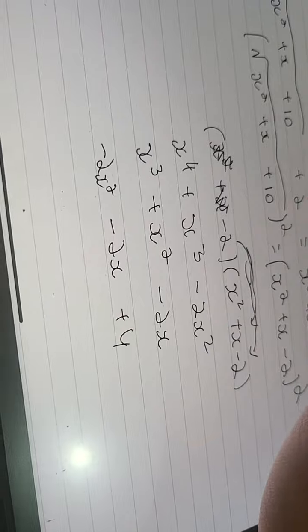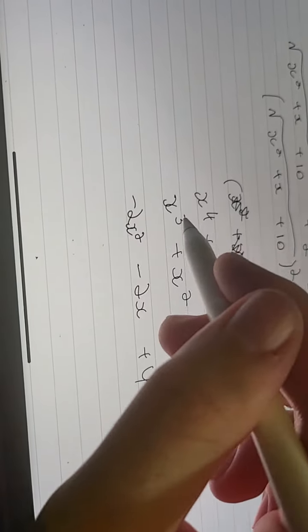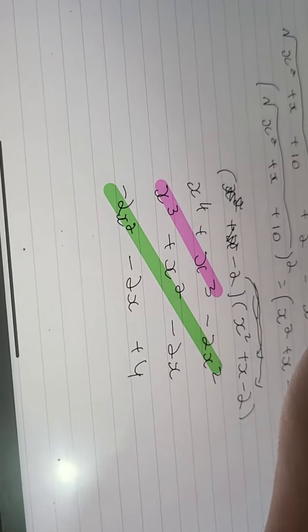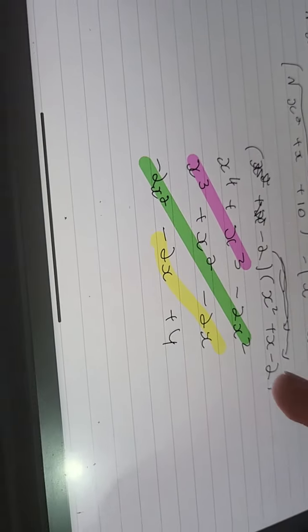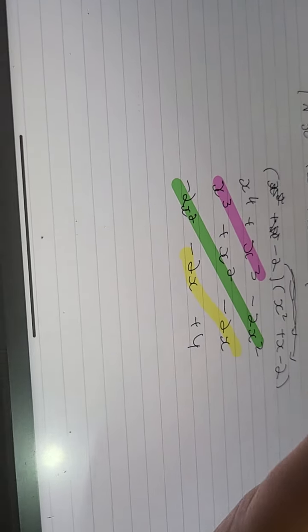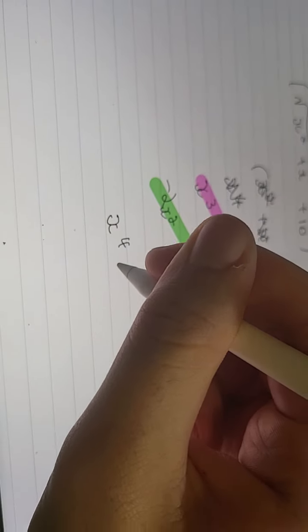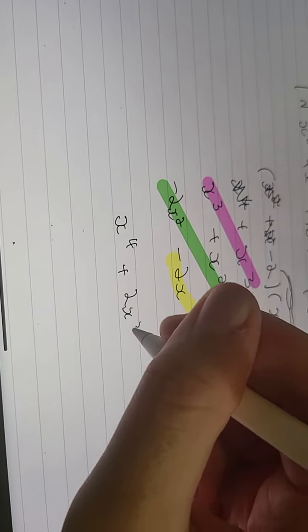Cool. So now from here, let me just highlight so it's easier to see. These are all the cubes, these are all the squares, and these are all the normals. So I would rewrite this expression by saying x to the 4, plus x cubed plus x cubed is 2x cubed.